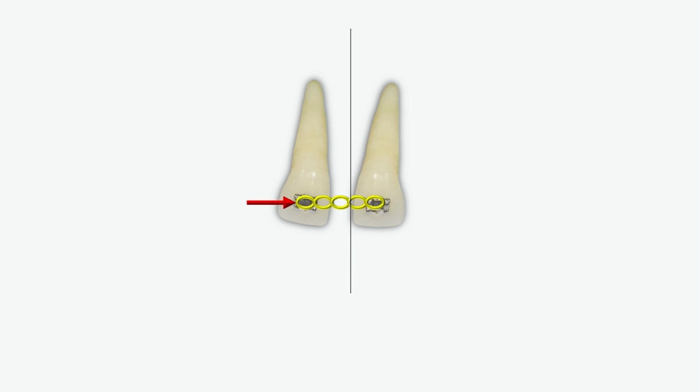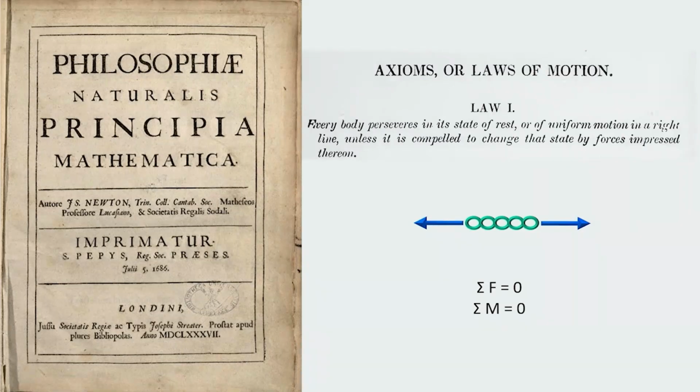Simply speaking, Mother Nature does not permit this particular force system, and it is well described by Newton's first law. Therefore, reciprocal forces are always produced. They may not be desired. Thus, I could say that managing reciprocal force of the appliance is the most crucial aspect of correction of midline.